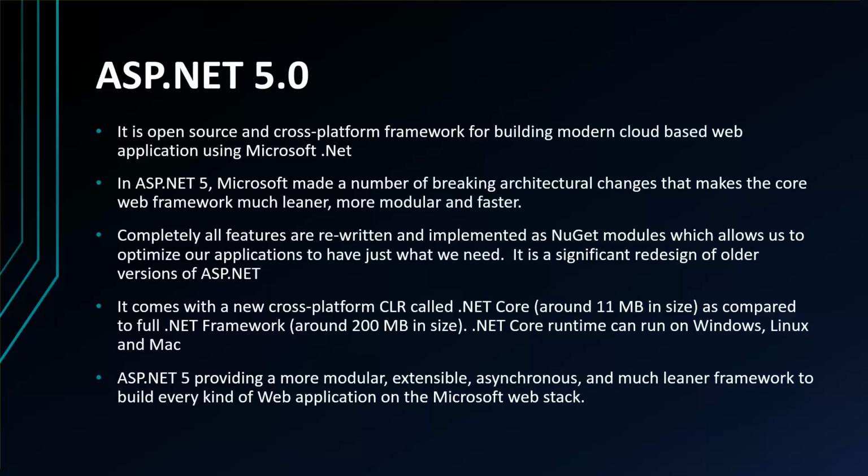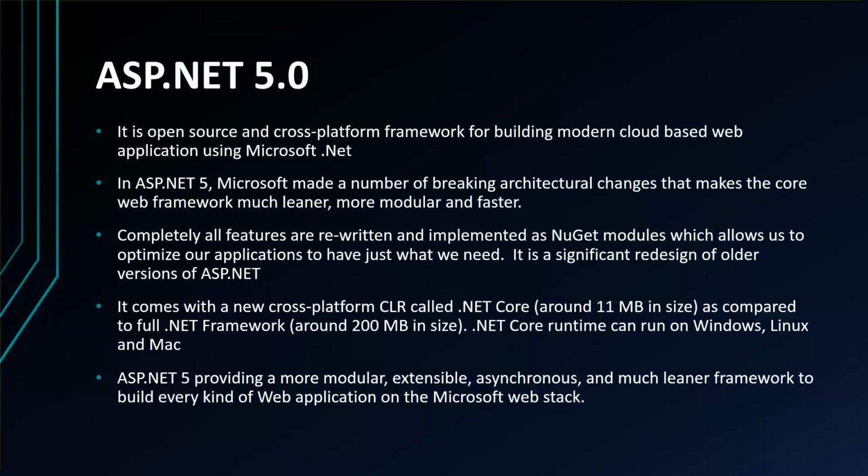Moreover, it comes with a new cross-platform CLR called .NET Core. That is a tiny, small framework. The size is 11 MB compared to the full-fledged .NET framework, which is around 200-plus MB.